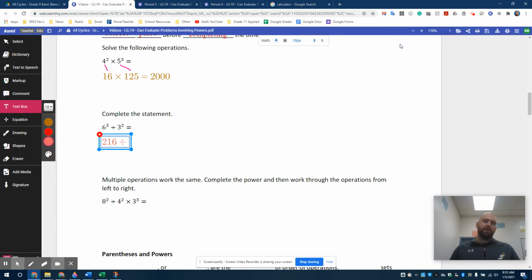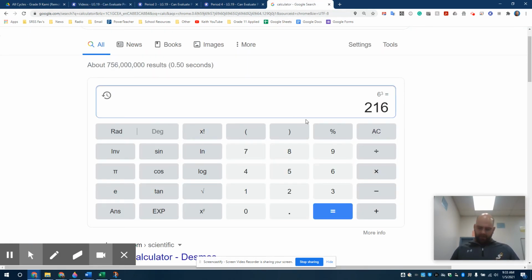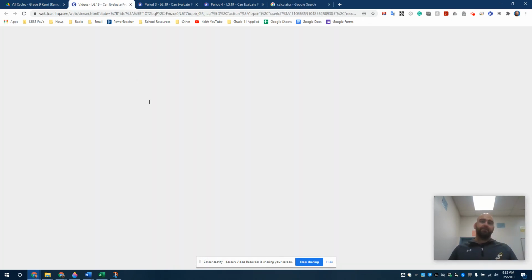And 3 squared is 9. I'm just going to keep showing where these things are coming from. And so 216 divided by 9. Again, we can do that using a calculator. It's going to give us an answer of 24.